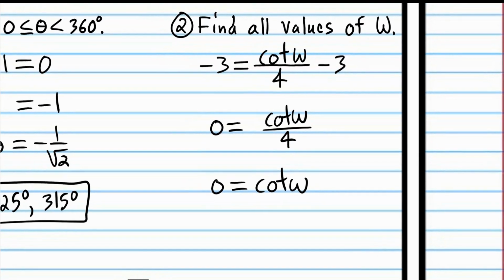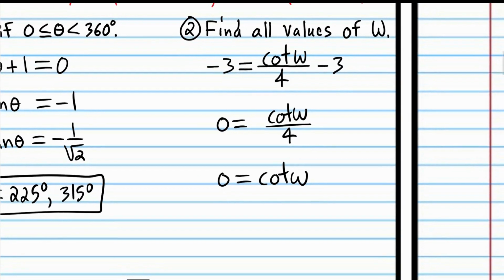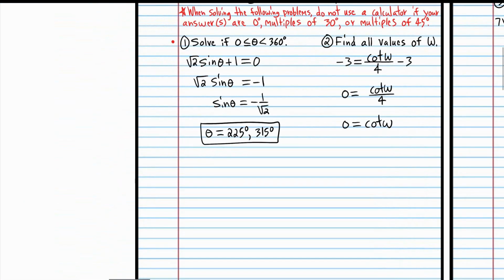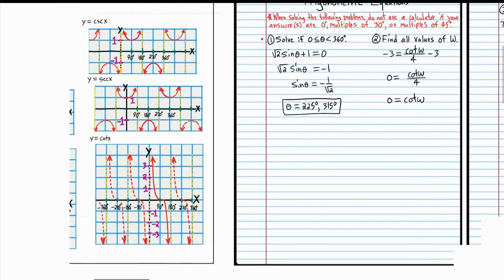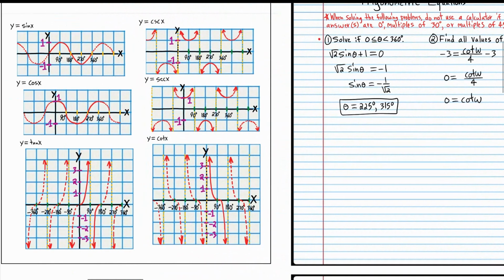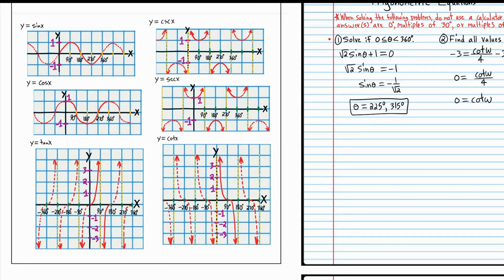And in those situations, it's very difficult to think of the geometry that corresponds to that situation. So it's better to look at these curves when we graph out these trigonometric functions.